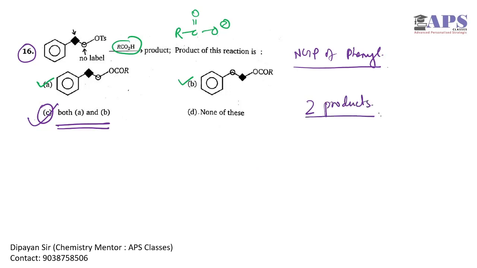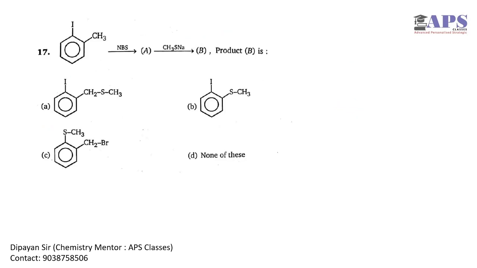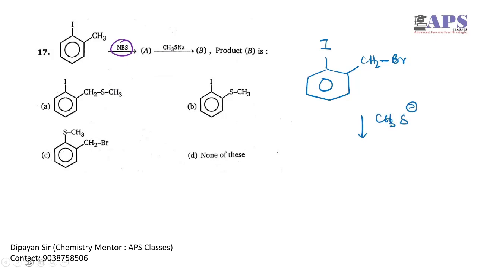Okay, so the next question is, NBS is used. NBS is N-bromosuccinimide, which will add Br dot at the benzylic or allylic position. So after using the NBS, we end up with this kind of situation, and CH3S minus is the nucleophile. In this case, bromine is a very bad leaving group because it is in resonance with the phenyl ring.